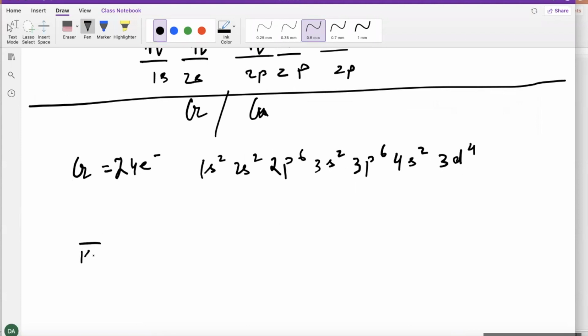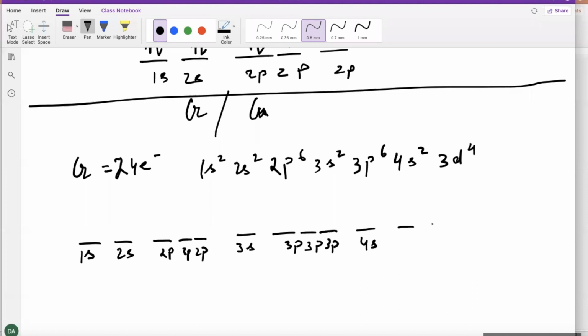So I'm on 1s, 2s, 2p. This is all 2p. Then I have 3s. Then I have 3p. Then I have 4s, and then this is my 3d. 3d, 3d, all of that is 3d.